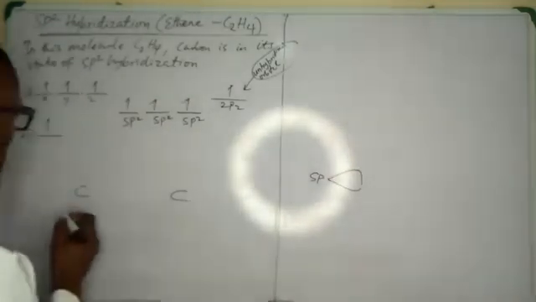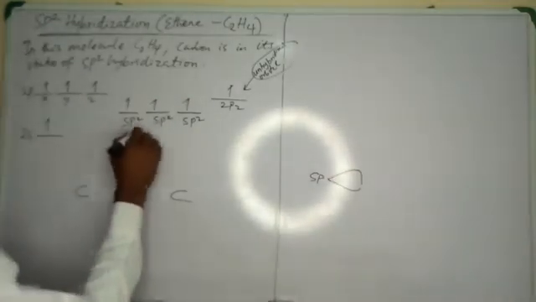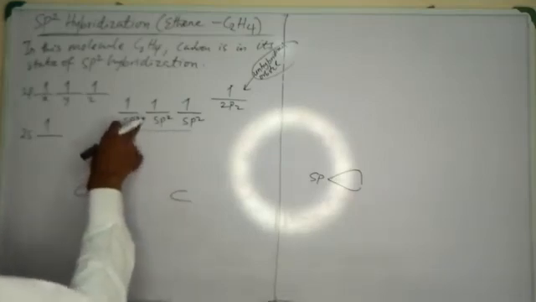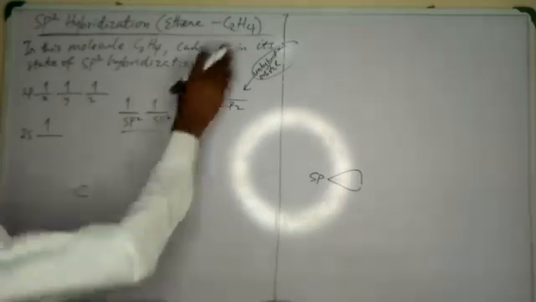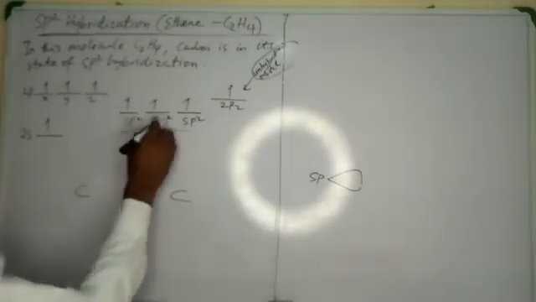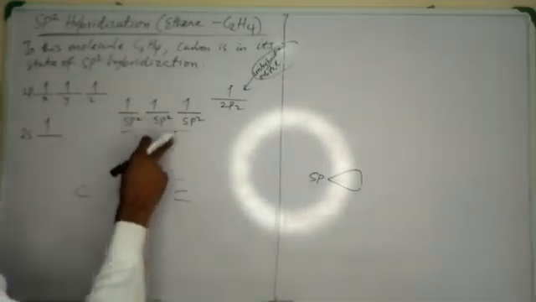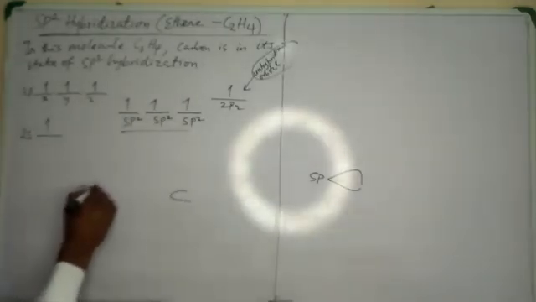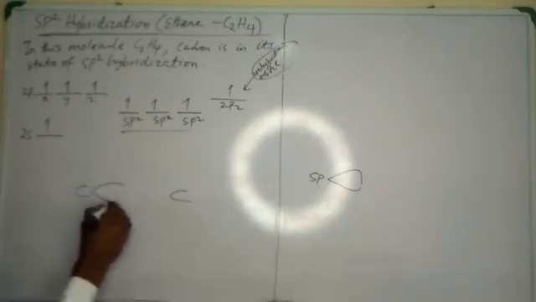Nice. So if that is the case, carbon has sp2 hybridization in this molecule. So if that is the case, it means carbon has three sp2 hybrid orbitals. So how do we draw those hybrid orbitals? The first one is drawn like this.